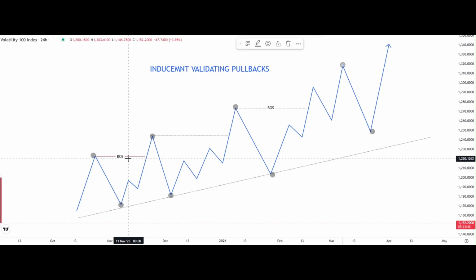So the break of structure that we're having is going to be validated by where we particularly get the break of structure. And sometimes we look at each swing point as a break. These would have been internal break points here, but these are not valid when we're looking at the overall structure.